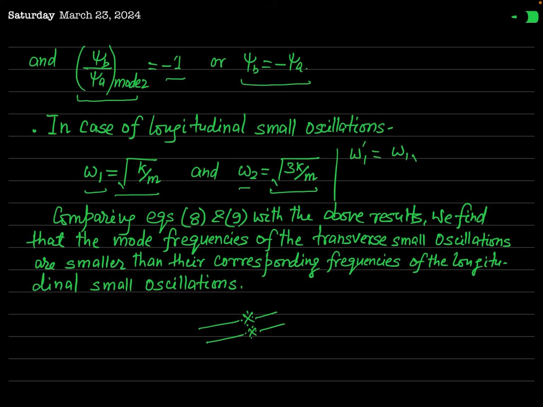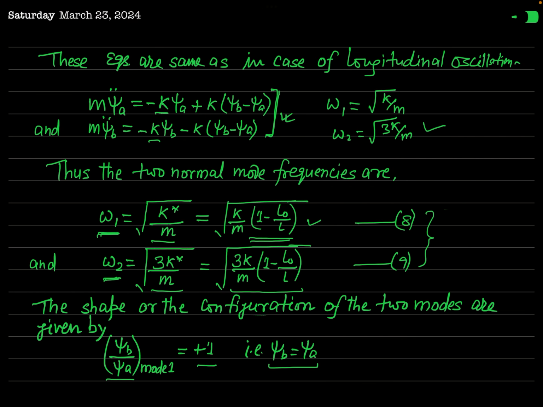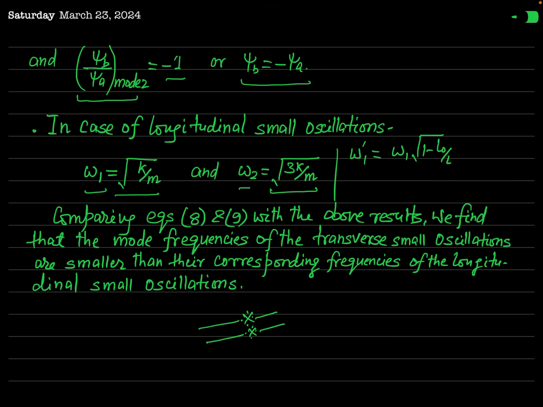This will be omega 1 times root over 1 minus L naught by L. You can see, instead of root over k by m, we write omega 1. And similarly, omega 2 prime will be written as omega 2 times root over 1 minus L naught by L.